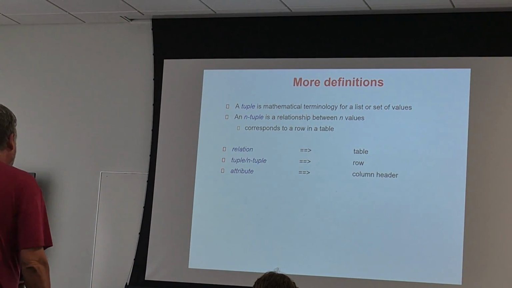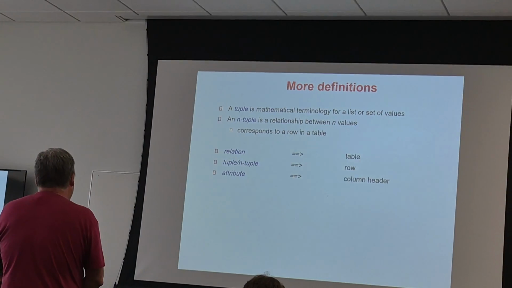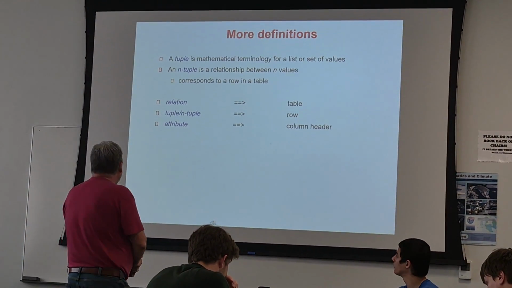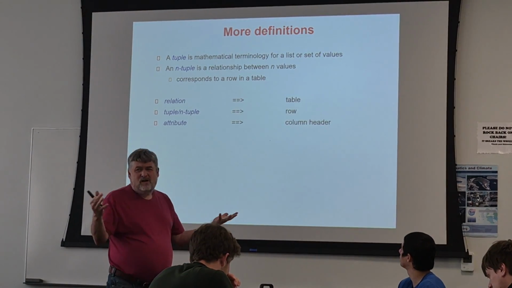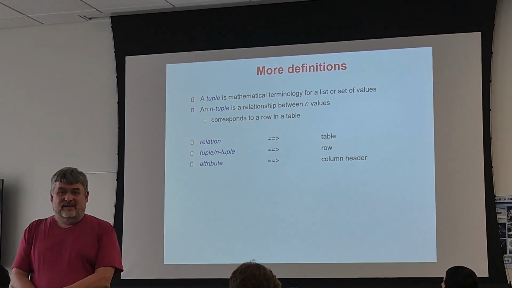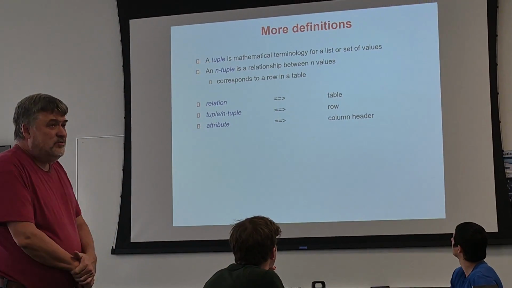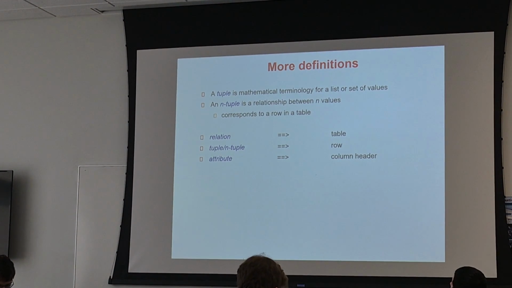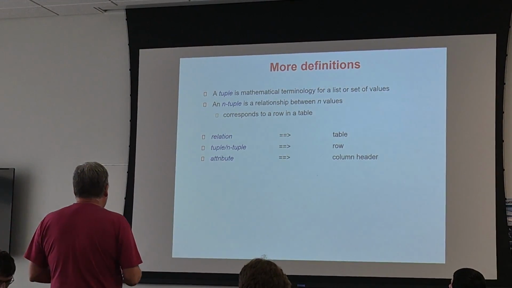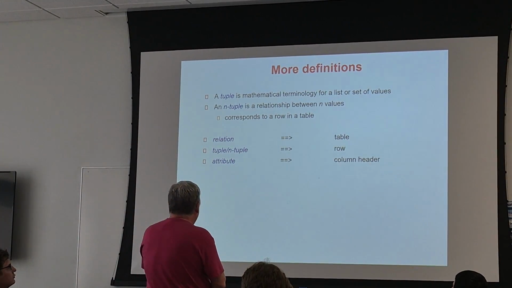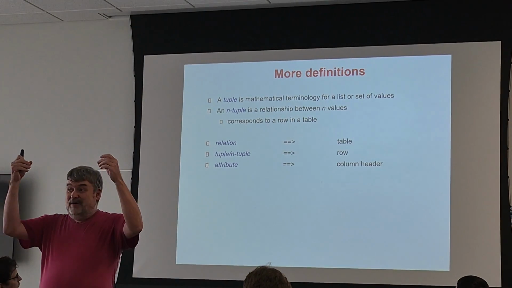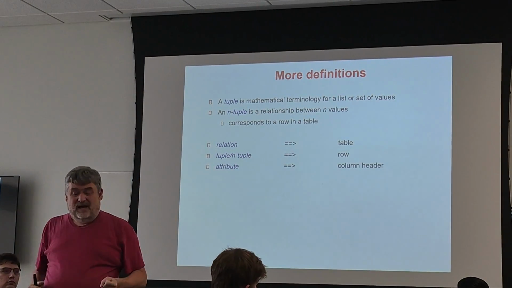So, I'm basically just assigning technical mathy terms to terms that make a whole lot more sense to us when I talk about a relation, or when the author, really, because I tend to use the more common terms too. But when the author in the textbook talks about a relation, he's really talking about what we refer to as a table. When the author talks about tuples, he's really just referring to a row of n values. And when the author talks about attributes, he's really just talking about the column headers, the names at the top of those columns.